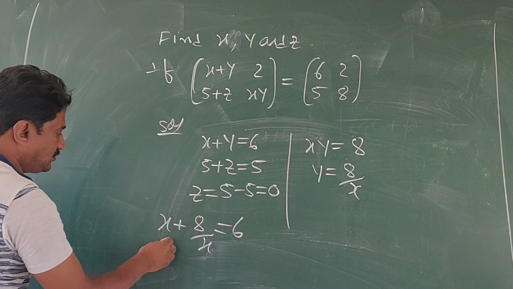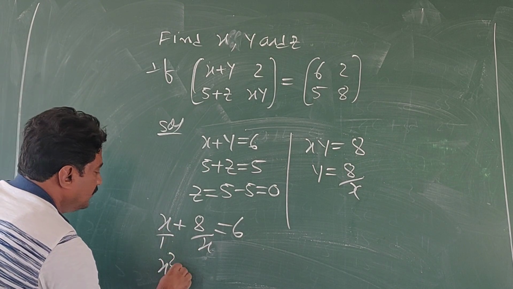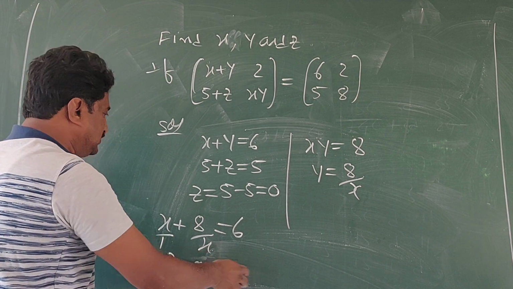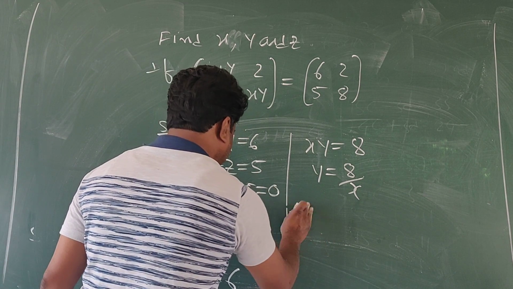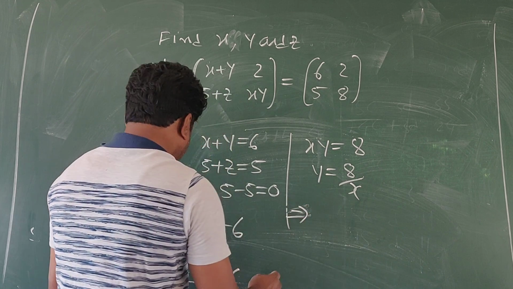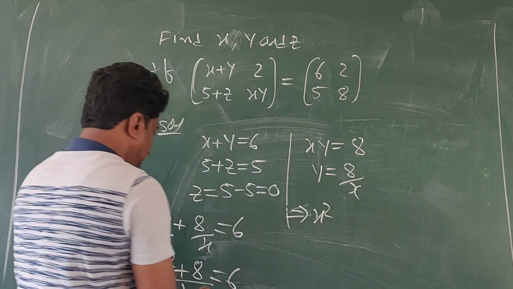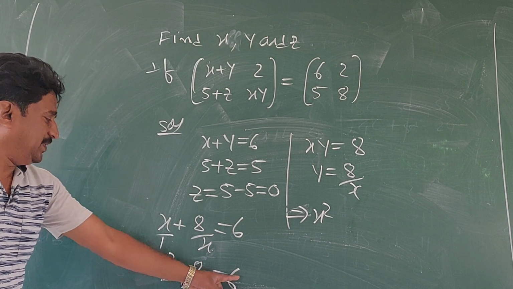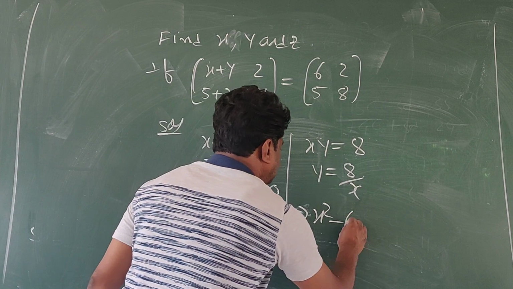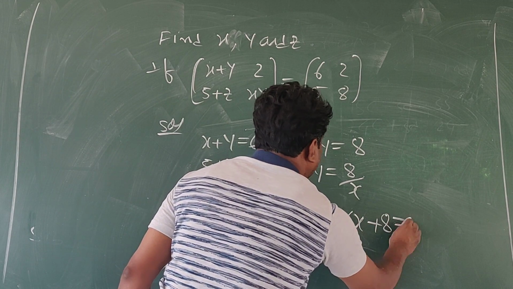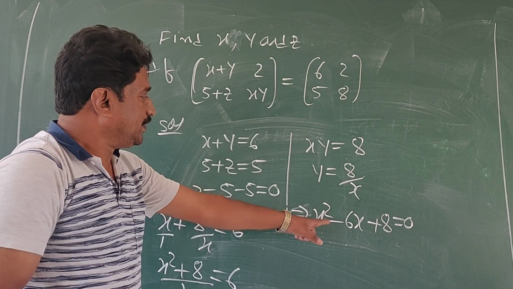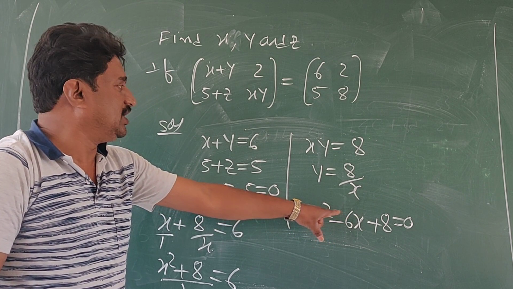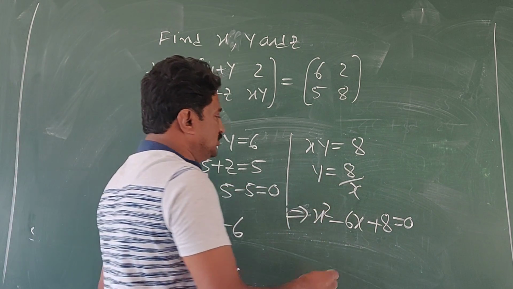Multiply by x: x squared plus 8 is equal to 6 into x, 6x. Bring that 6x to this side: x squared minus 6x plus 8 is equal to 0. We got a quadratic equation. On solving the quadratic equation, I am going to get the x values.